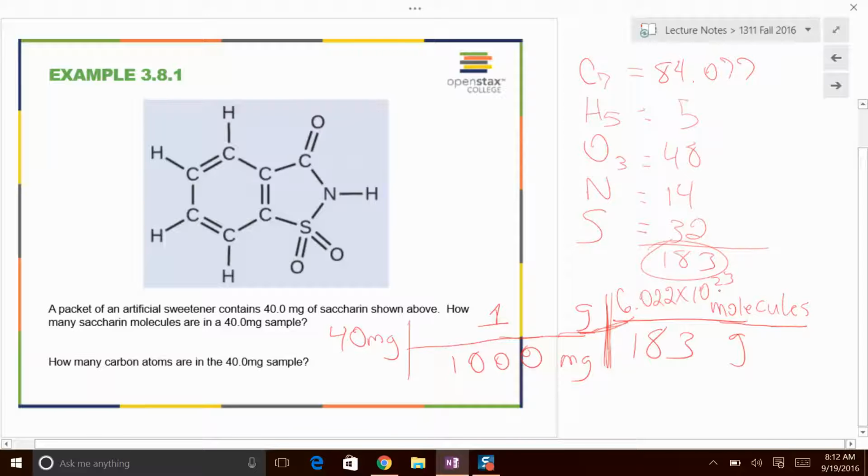Whenever I have a conversion factor with molecules or atoms, something really tiny like that, I use this number, 6.022 times 10 to the 23rd, for its moles. Moles are always 1. If it's grams, grams is always figured out from the periodic table, the gram mass per mole. So this is how I'm going to set this up.